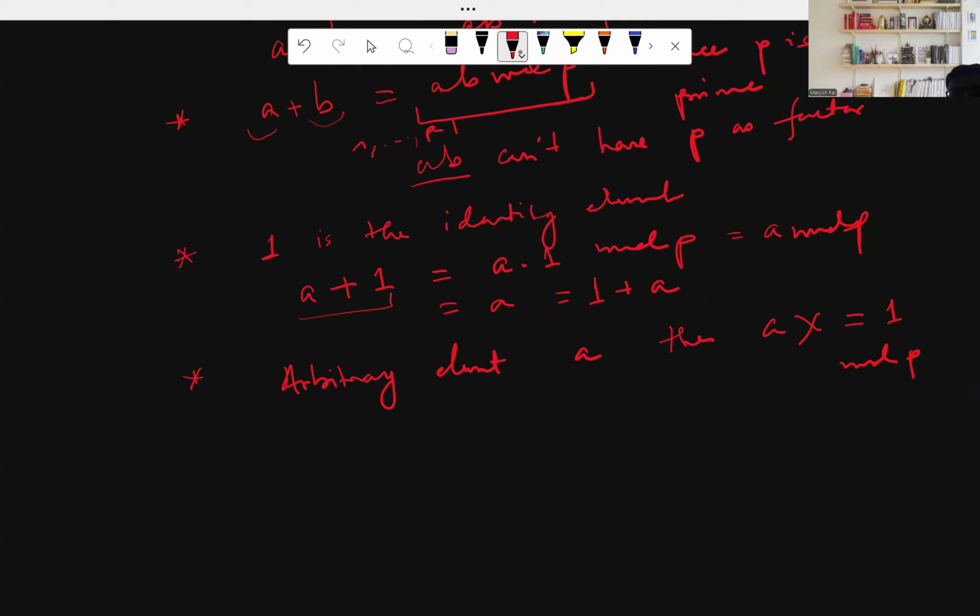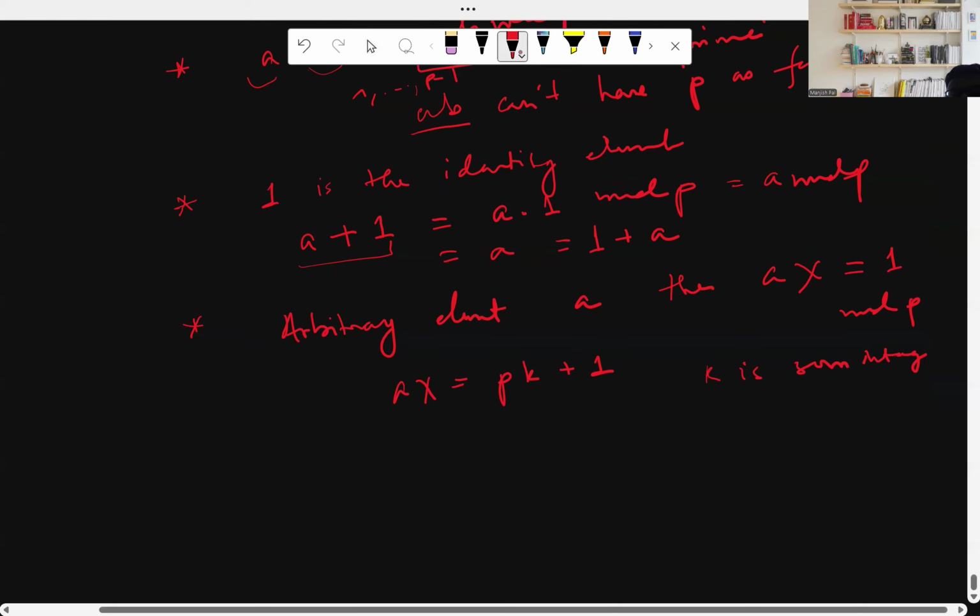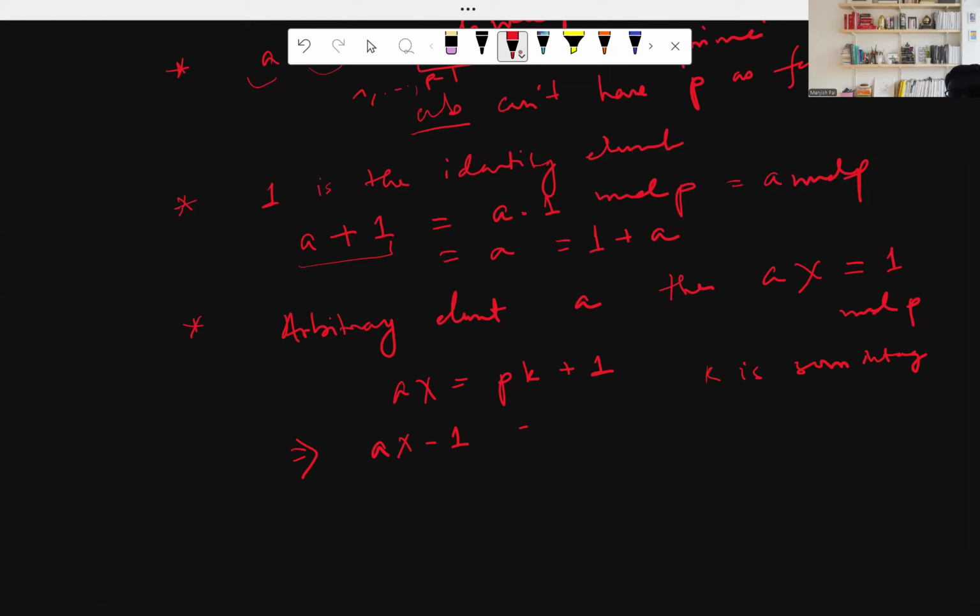So in general, we should be able to write that ax should be equal to pk plus 1, where k is an integer. Another way of saying this is ax minus 1 is a multiple of p. So x is basically x is equal to pk plus 1 divided by a.